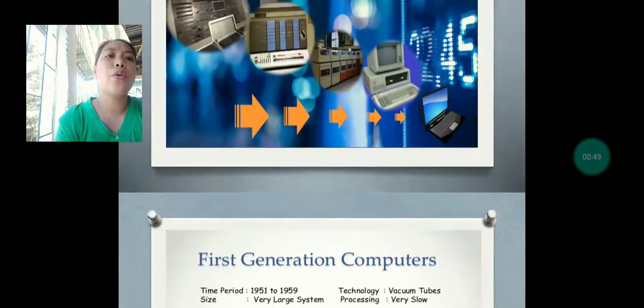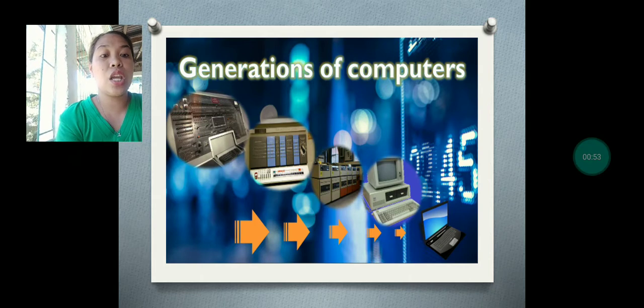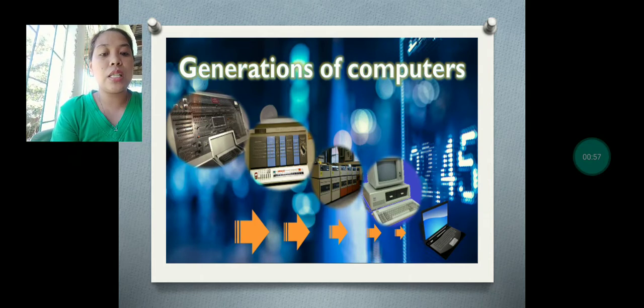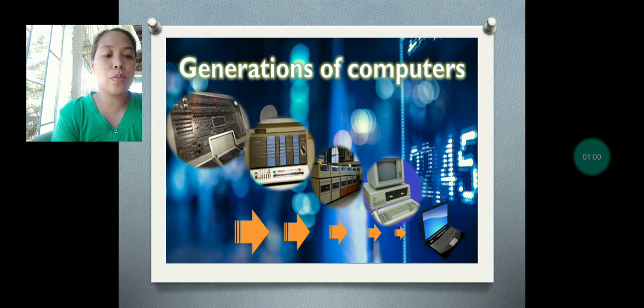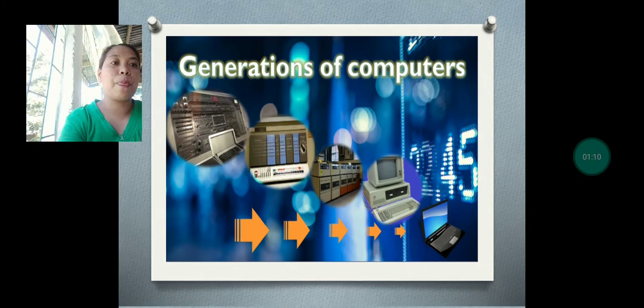When we say generation in computer terminology, it is a change in the technology of a computer that is being used. Initially, this term was used to distinguish between varying hardware technologies. But nowadays, both software and hardware work together to make up the entire computer system.